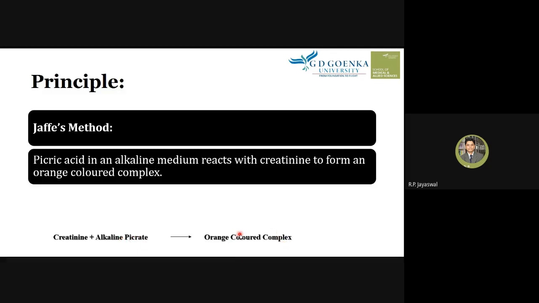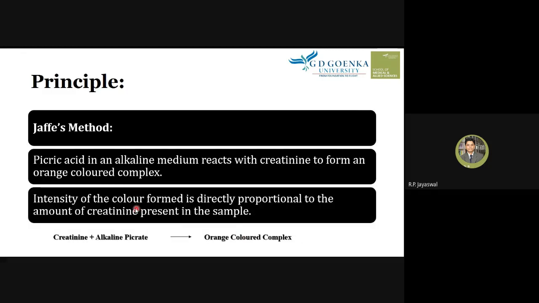You can measure the intensity of the color using the colorimeter, compare it with the standard, and get the result. The intensity of the color formed is directly proportional to the amount of creatinine present in the sample.